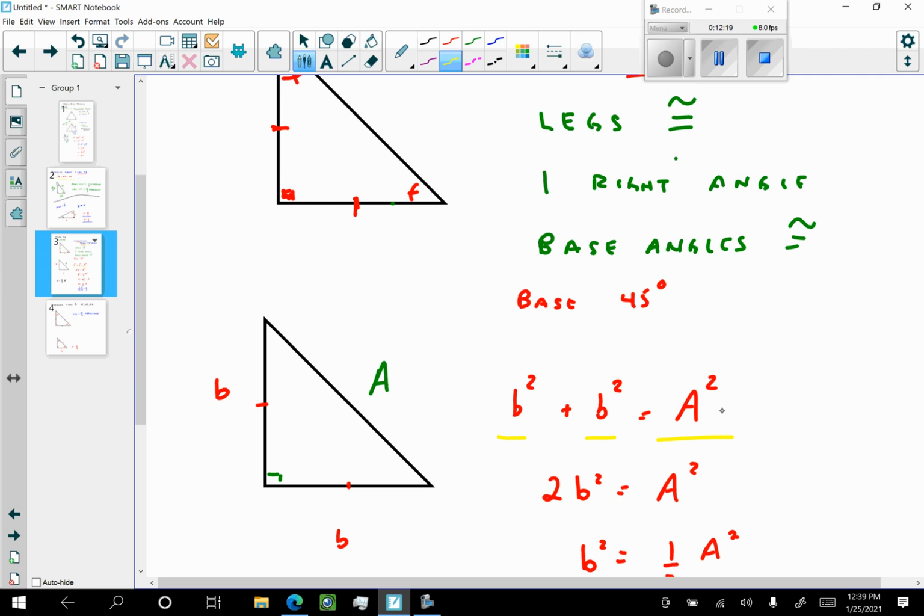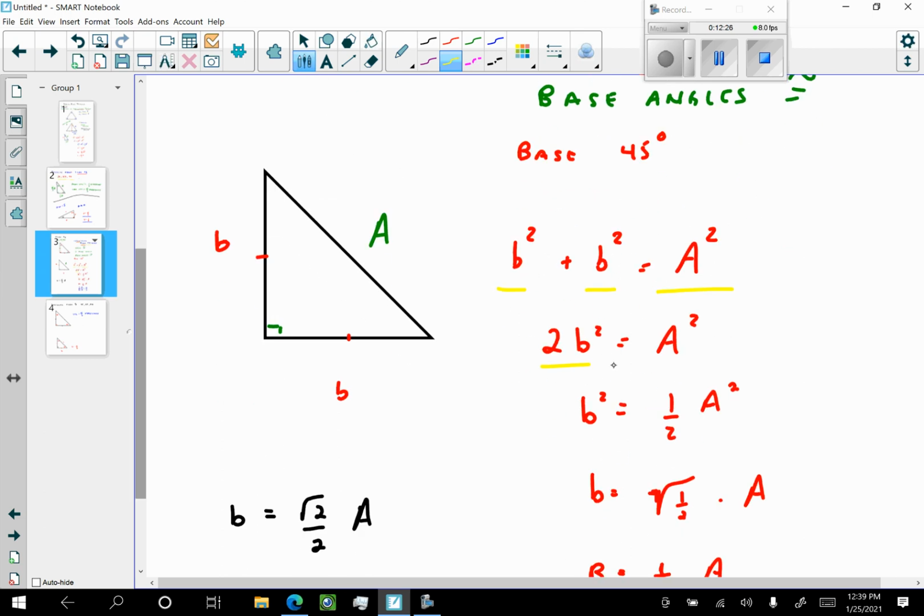B squared plus b squared is 2b squared. Divide by 2, and I get b squared equals 1/2 a squared. Take the square root, and I get b equals the square root of 1/2 times a. Square root of b squared is b. Square root of a squared is a. And keep in mind, everything's positive, so I don't need the absolute value.